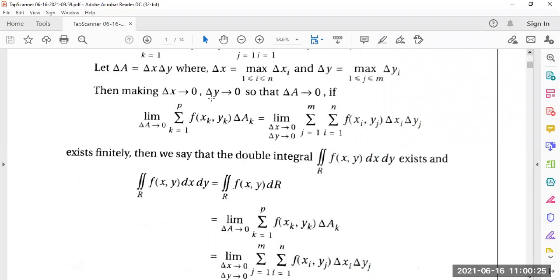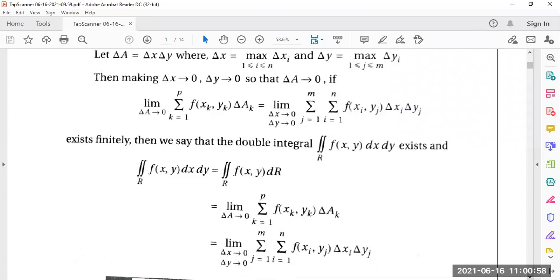When delta A tends to 0, then only will the limiting value exist. So for the concept of limit we take delta A tends to 0, and delta A is the product of delta x and delta y. So if delta A tends to 0, then obviously delta x tends to 0 and delta y tends to 0. Is it clear? Okay. When we take the problems, it will be much clearer to you.